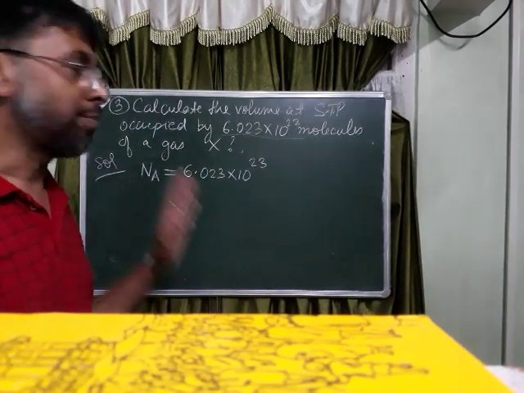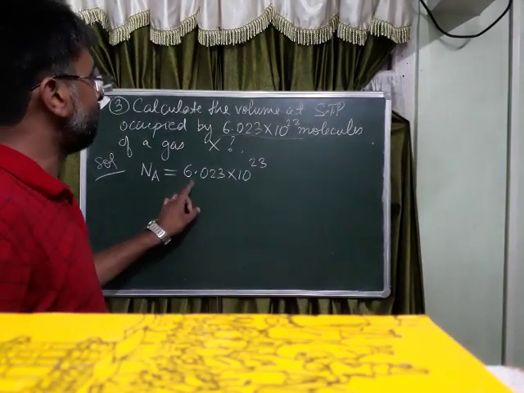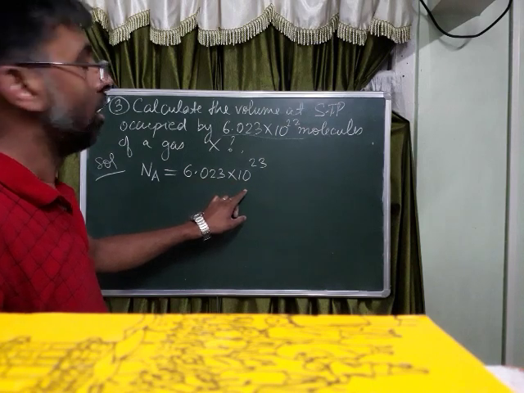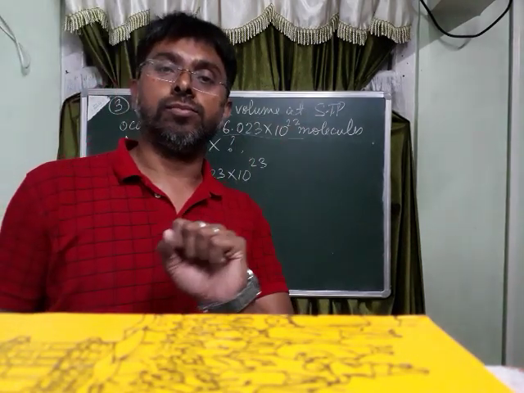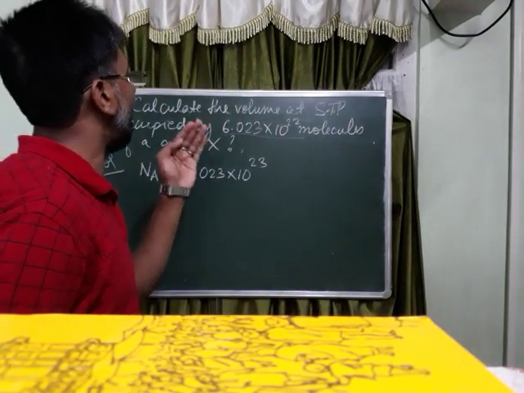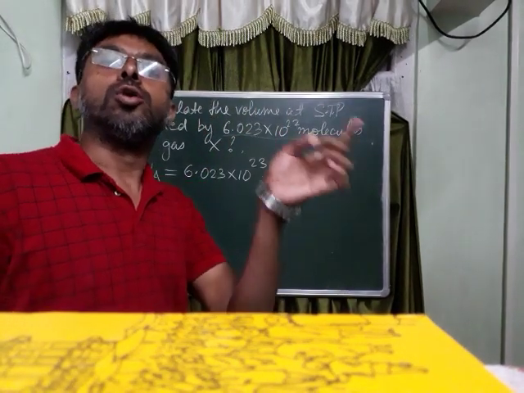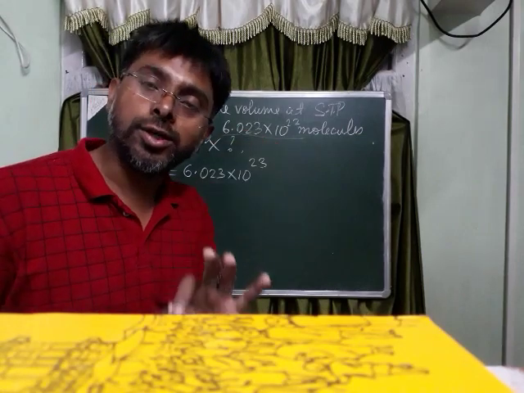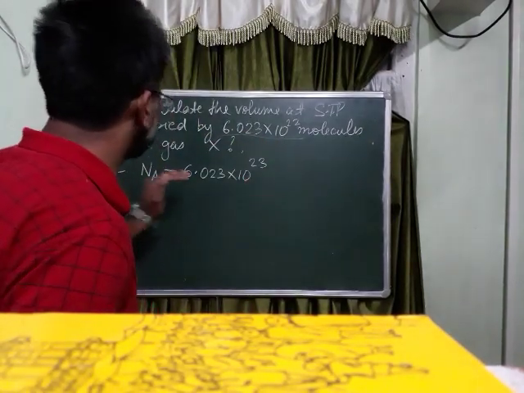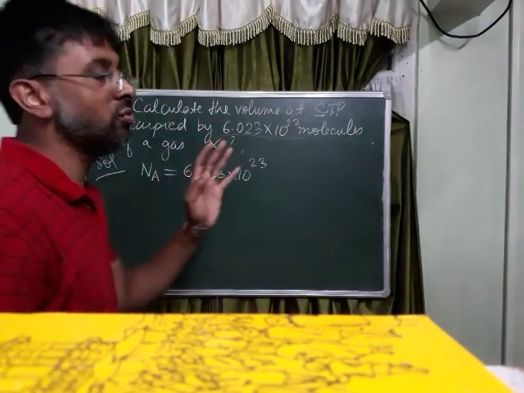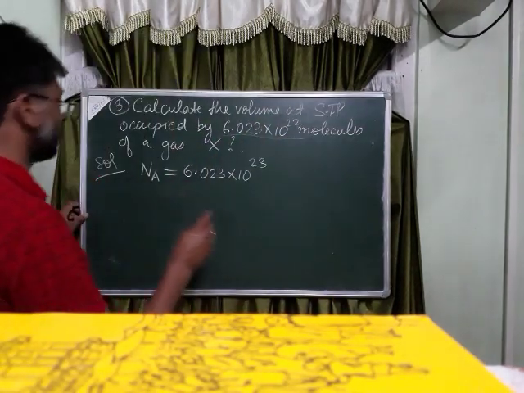So please keep in mind, Avogadro's number of molecules will occupy what volume? It will occupy a volume of either 22.4 liters or 22,400 centimeter cube. So, using this concept of Avogadro's number, I am going to frame a sentence. Let us frame the sentence.